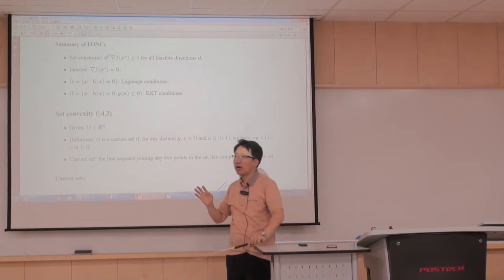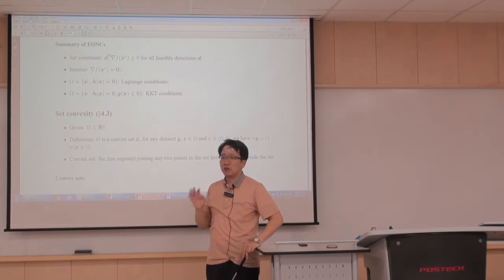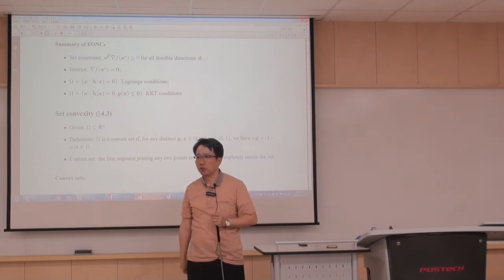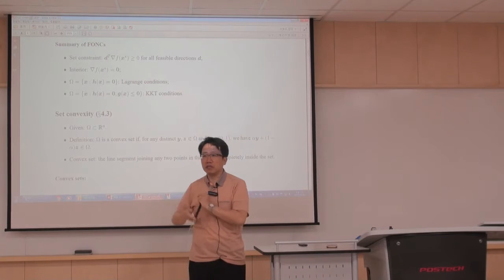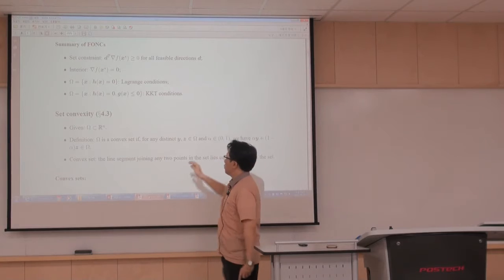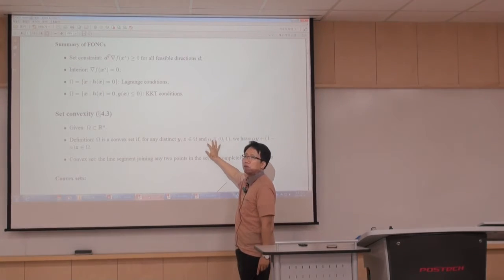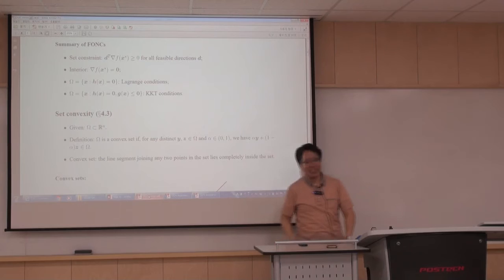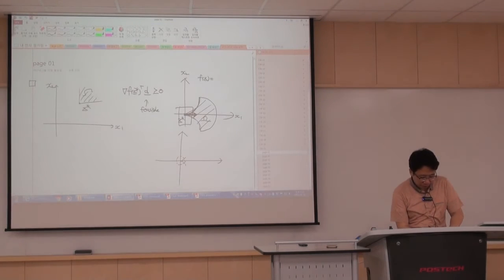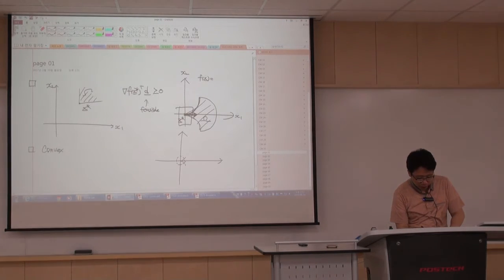Since most of us are communications majors, we can say that every point is visible from any other point. Visible means that we can draw a straight line. So you may say that every point is on line of sight. Line of sight means that you can see it. Got it? So a convex set omega means line of sight.